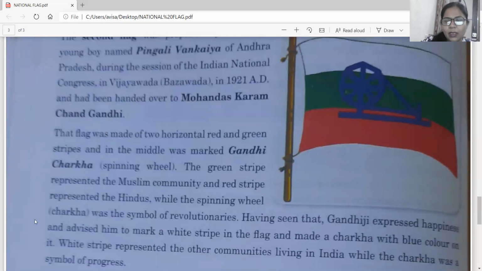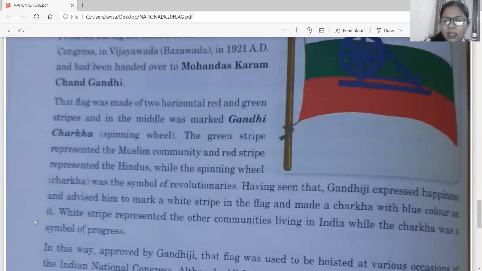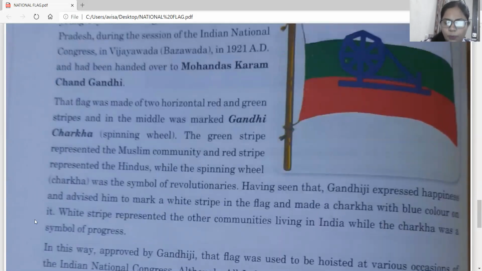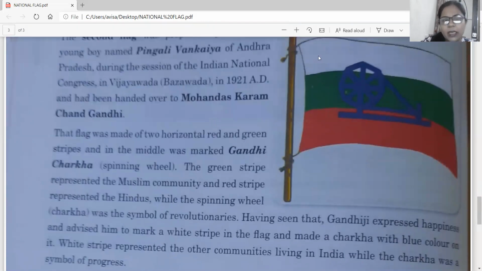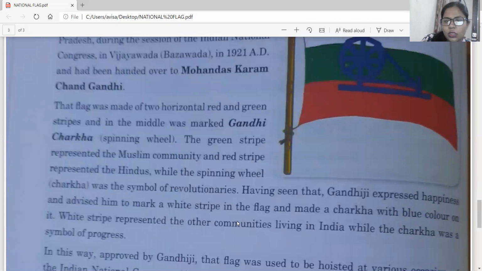But after that, Gandhi told him to change that flag. He told him to add a white strip in it. The green strip represented the Muslim community and the red stripe represented the Hindus, while the spinning wheel was a simple symbol of revolutionaries.